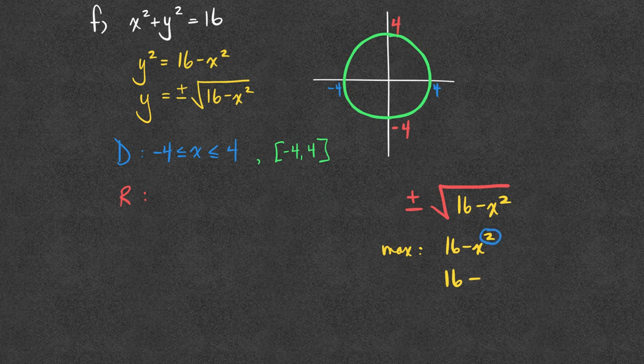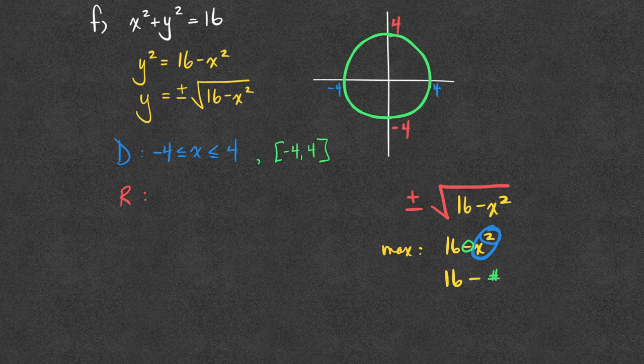Because I'm going to square my x, that means whatever x squared is will always be positive. So when I subtract it, I am always going to take my 16 and subtract a number that's always positive. I'm never subtracting a negative.